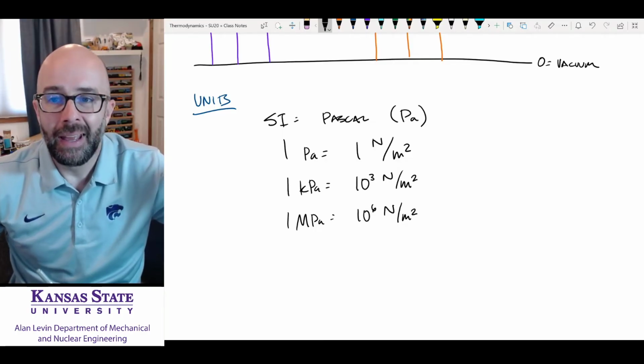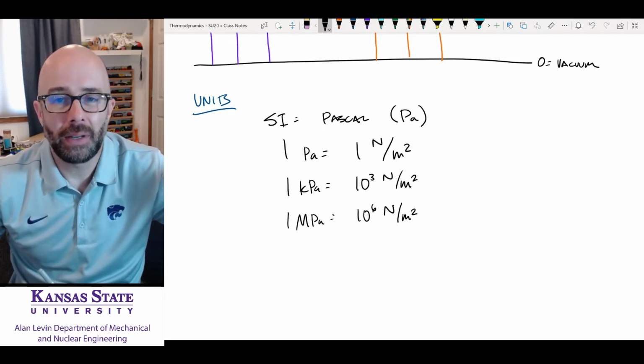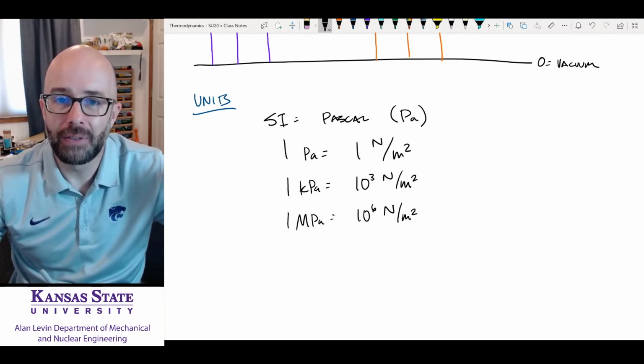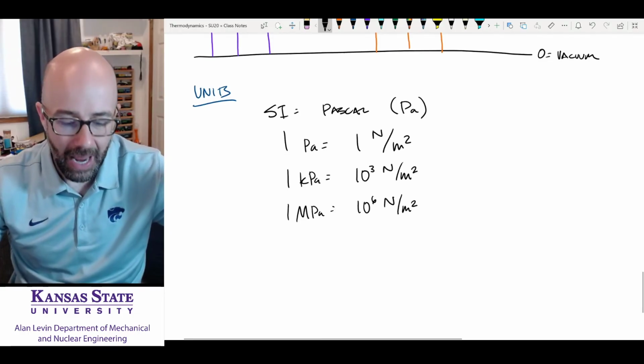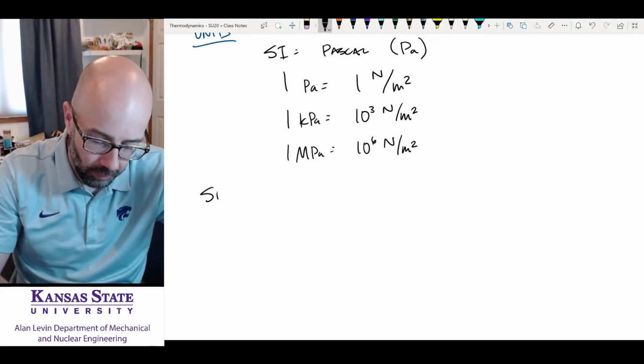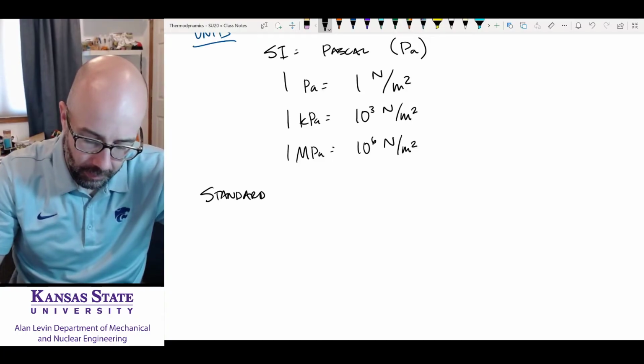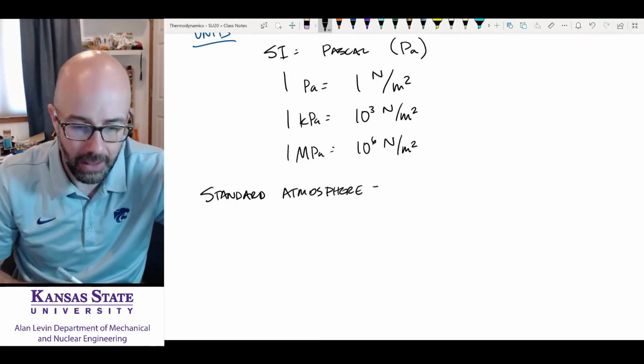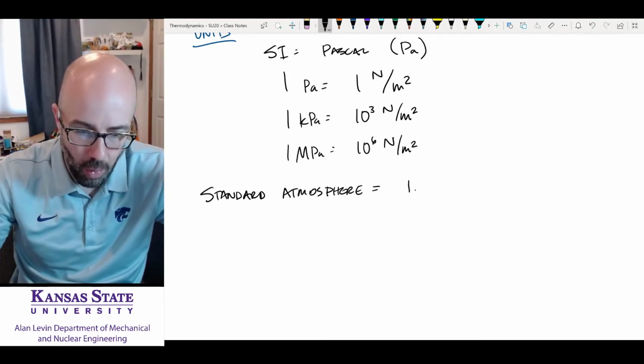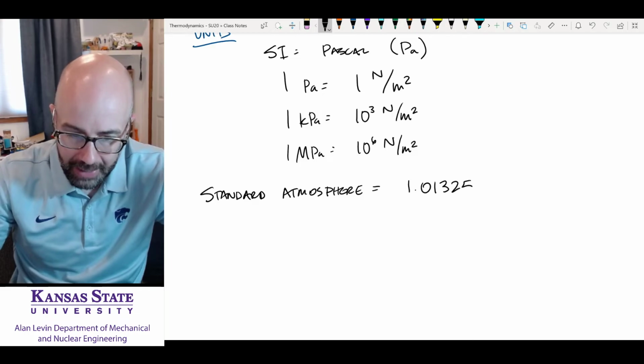Now, when we're doing all these calculations, we do need to know what an atmosphere is. A while ago, there was a discussion about what we should consider in our calculations to be a standard atmosphere. People got together and decided that a standard atmosphere is equal to 1.01325 times 10 to the fifth newtons per meter squared.